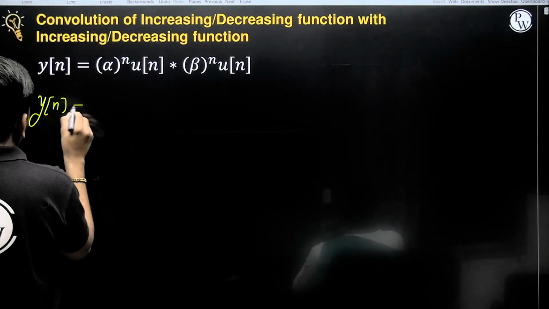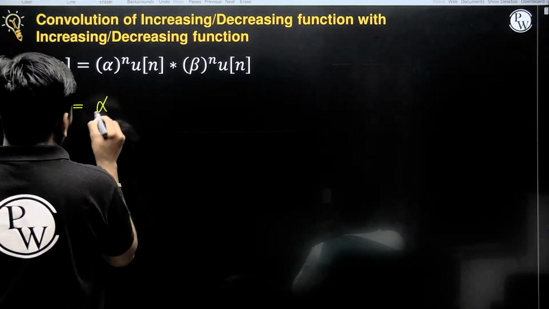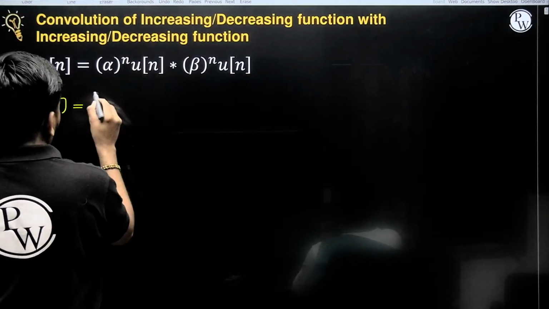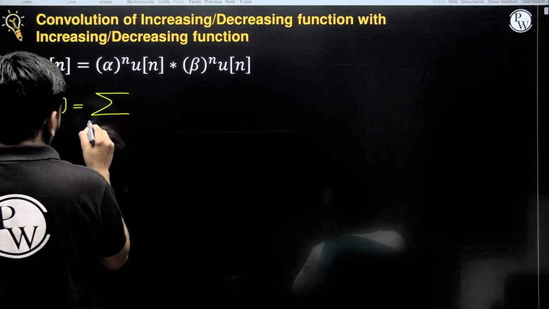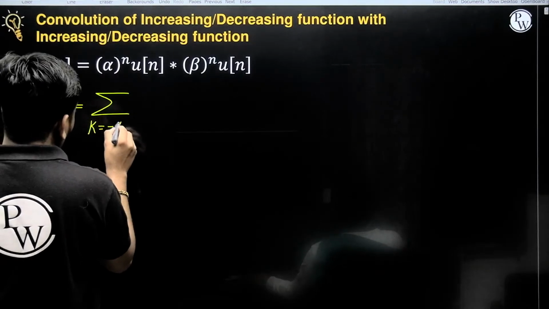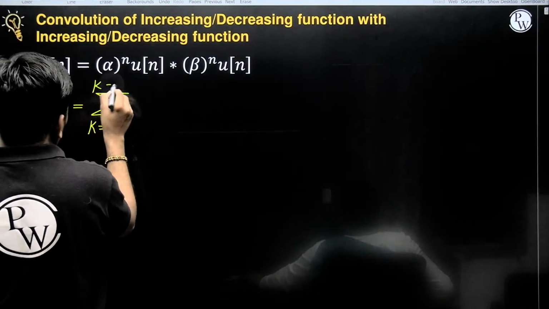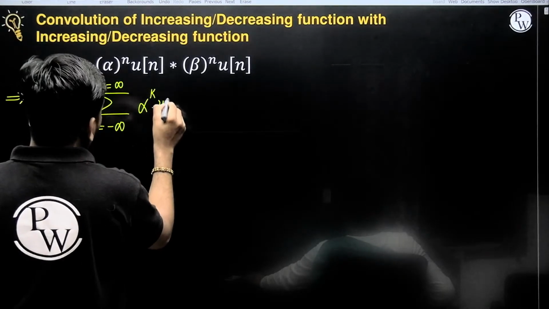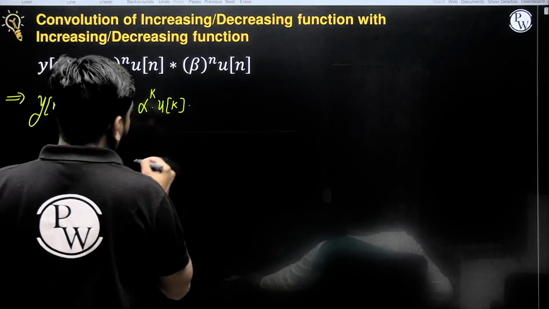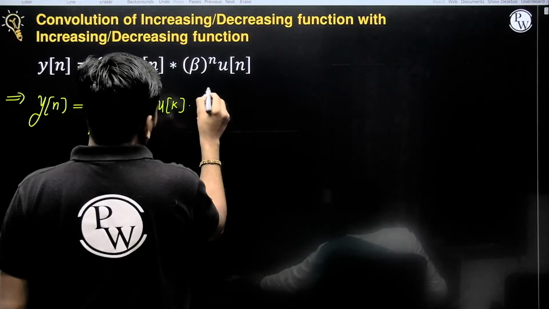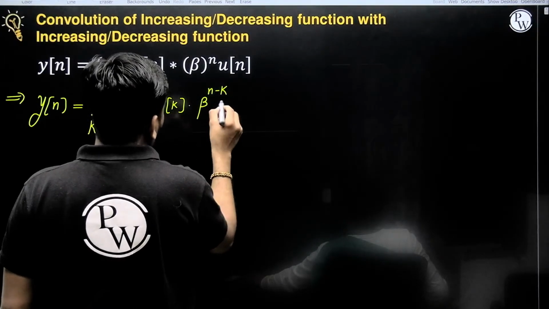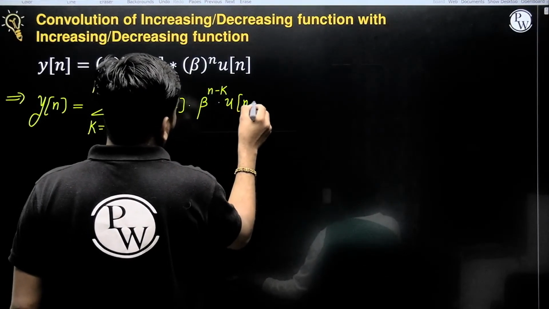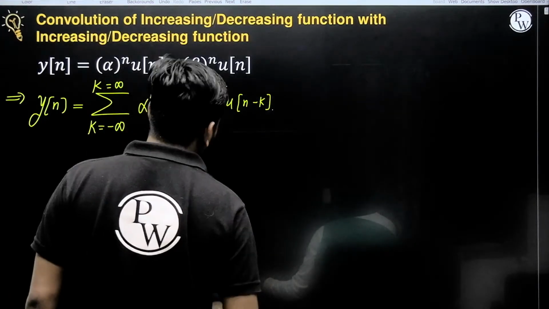By definition, y of n is equal to summation k is minus infinity to infinity, alpha power k u of k, and here this is h of n minus k, that is beta power n minus k u of n minus k.